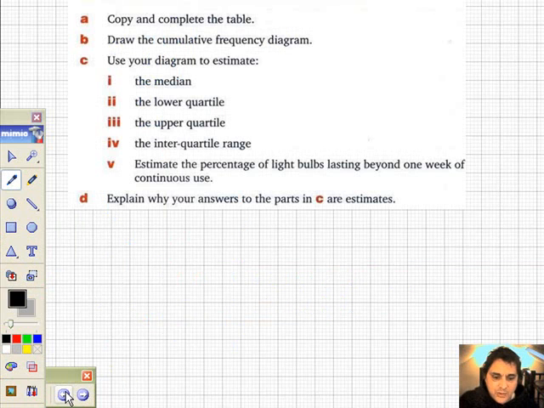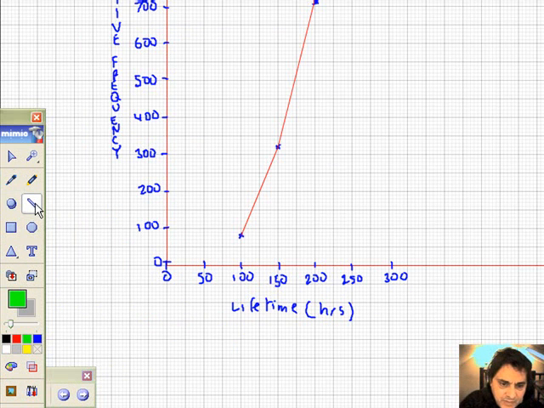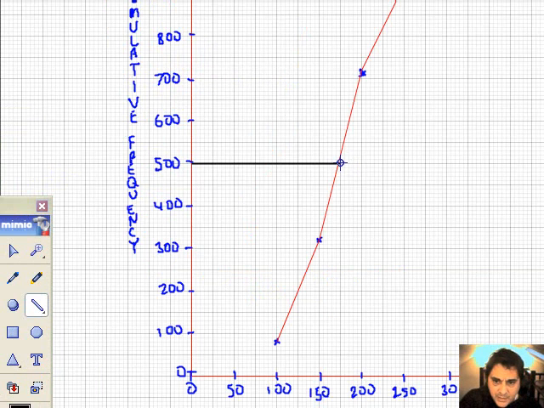Go back again, let's take a look. It says, let's find the median. Find the median, and we've got 1,000 items here, so I'm going to read off from 500, hit the line, come down.